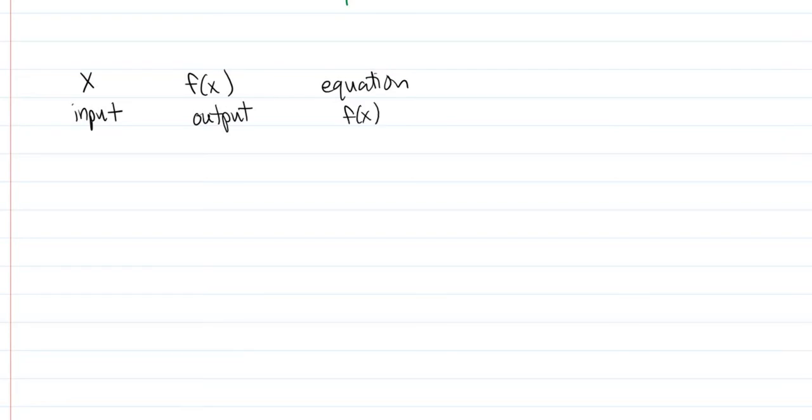So f of x equals, in this example, x squared plus 2. So this is telling us that we're going to put some number in there and square it, and then we're going to add 2 to it. So that's our mathematical rule. Square a number and then add 2, and that will give us our result.